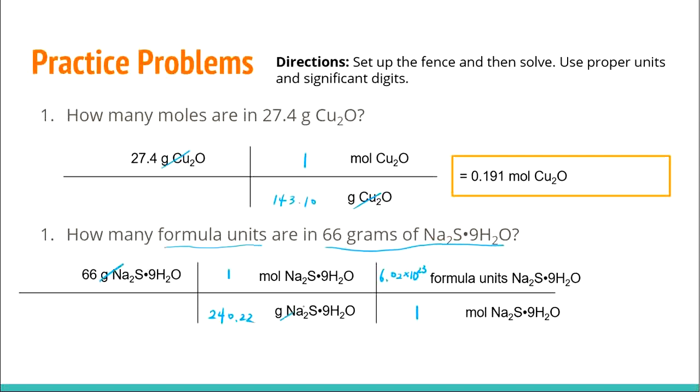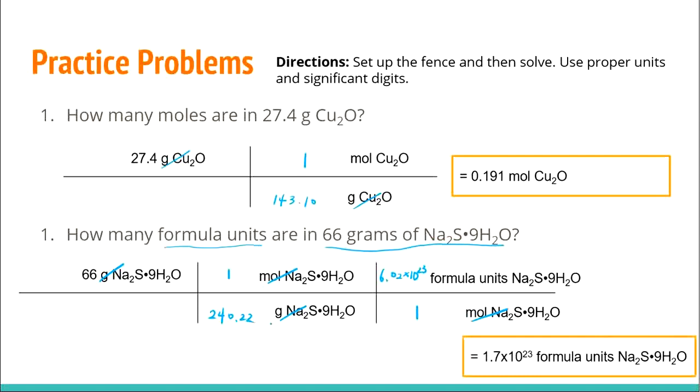Our grams cancels out, our moles cancels out. You multiply across 66 times 1 times 6.02 times 10 to the 23 divided by 240.22, and you get an answer of 1.7 times 10 to the 23 formula units of the sodium sulfide hydrate.